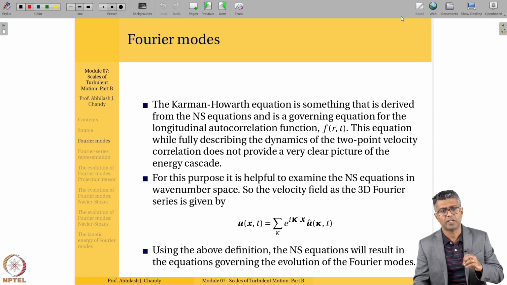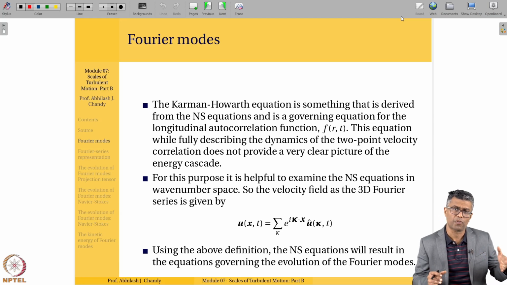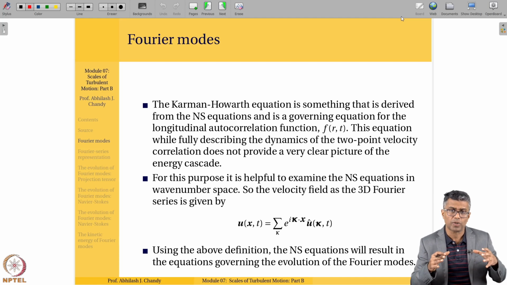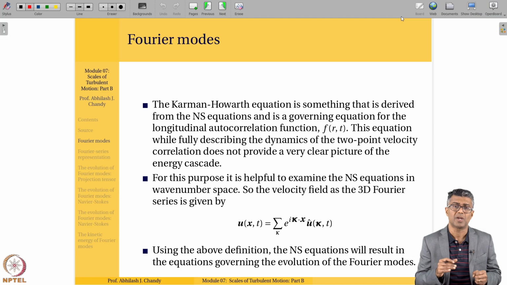Now, as much as this equation describes the evolution of the two-point correlation, it does not provide a clear picture about the energy cascade. Essentially, what we are trying to say is the two-point autocorrelation function does not give enough information about the energy cascade. So in order to examine the energy cascade, it is easier to look at the Navier-Stokes equations in wave number space or frequency space.